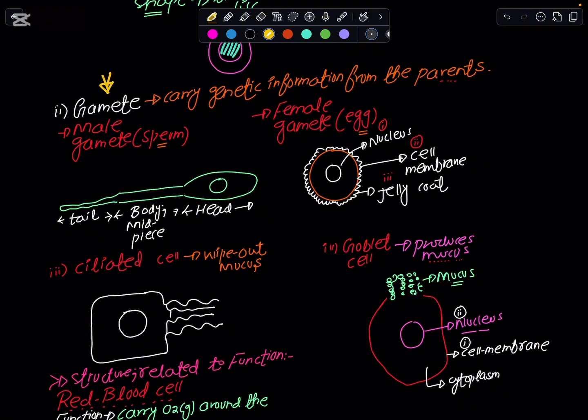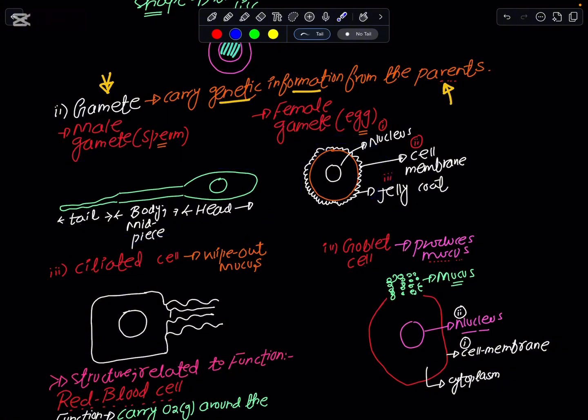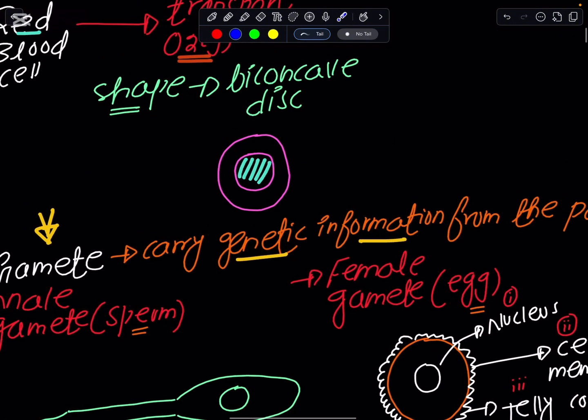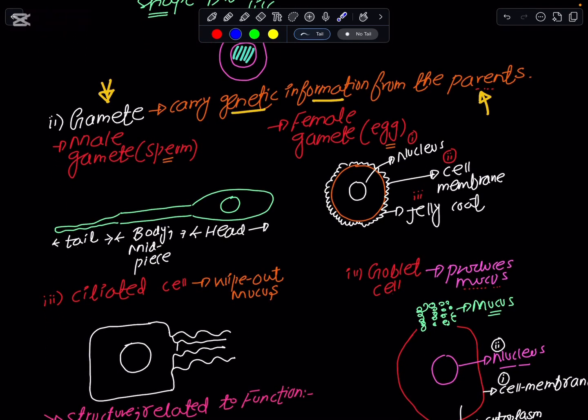The role of the gametes is that they carry genetic information from the parents to the offspring. If you look at their structures, here we have the sperm cell and here we have the egg cell, and compared to the red blood cell, their structure is entirely different, and that is why they serve a different role.